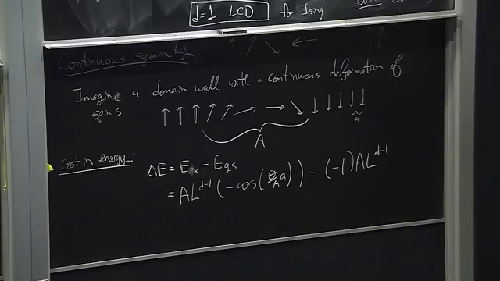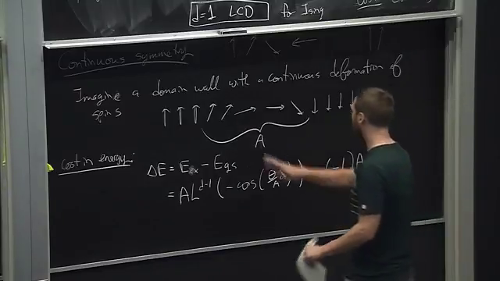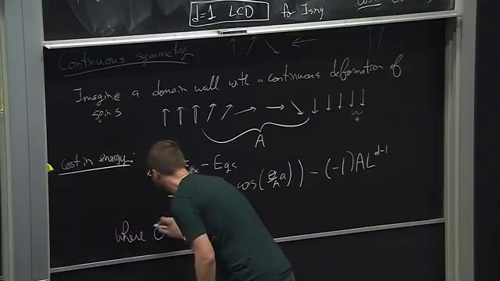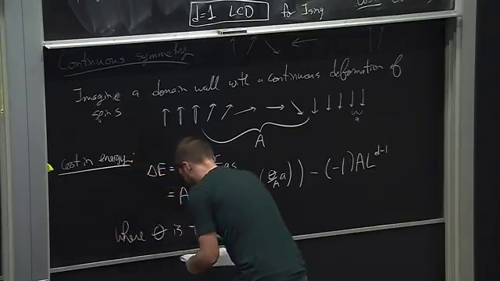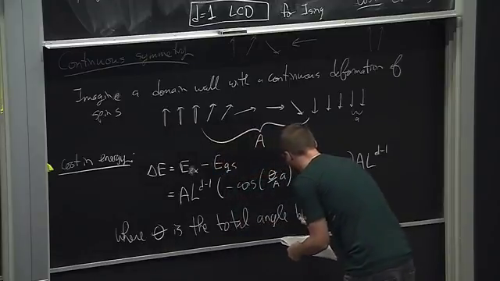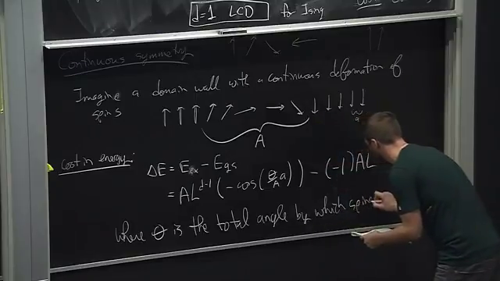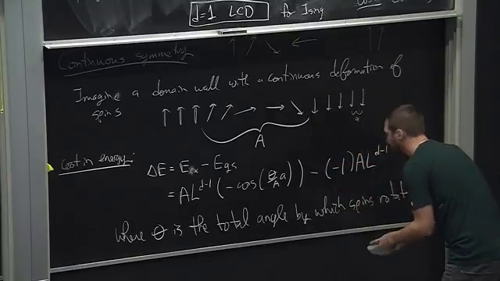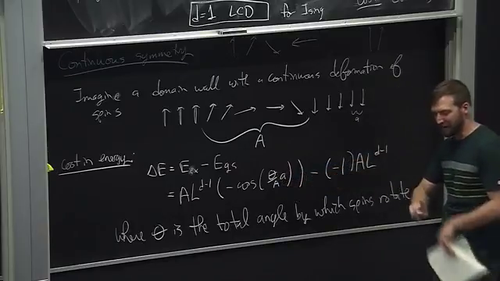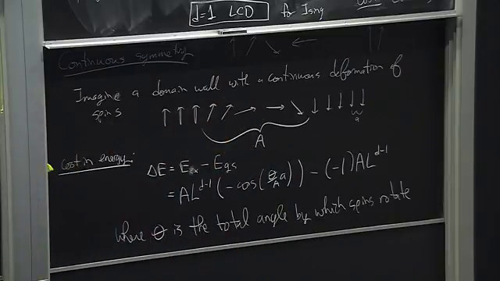Okay, I just cooked that up. Theta is this total angle by which the spins have moved. So why it's theta small a over big A, that's like that theta shared between all the nearest neighbors.